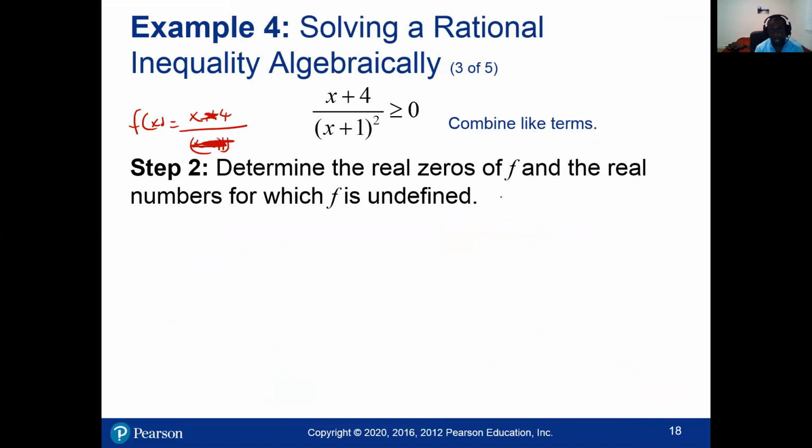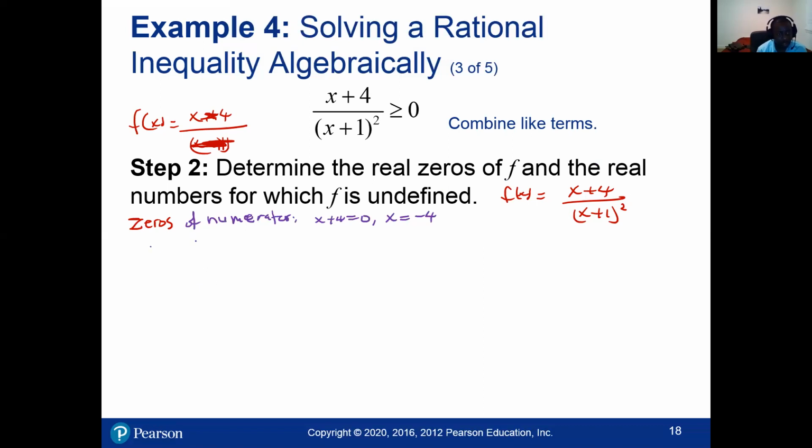Let's write it here. F of x is equal to x plus 4 divided by x plus 1 all squared. Okay, so zeros of the numerator, which will just be x plus 4 equal to 0, and then x is equal to negative 4.